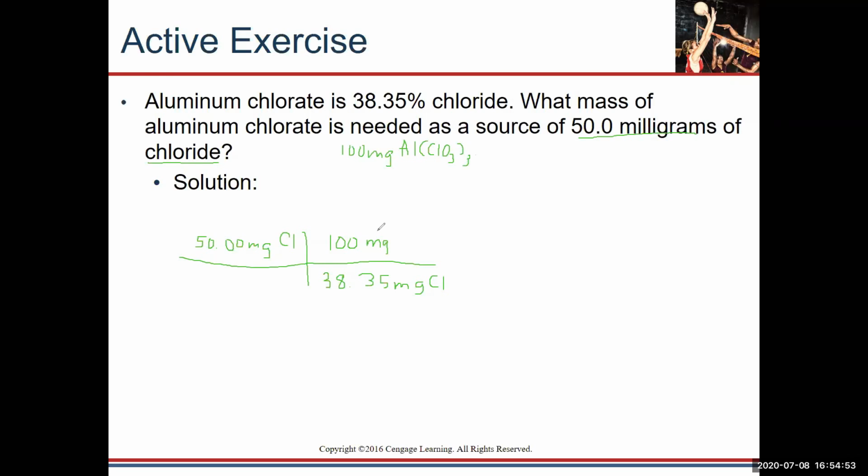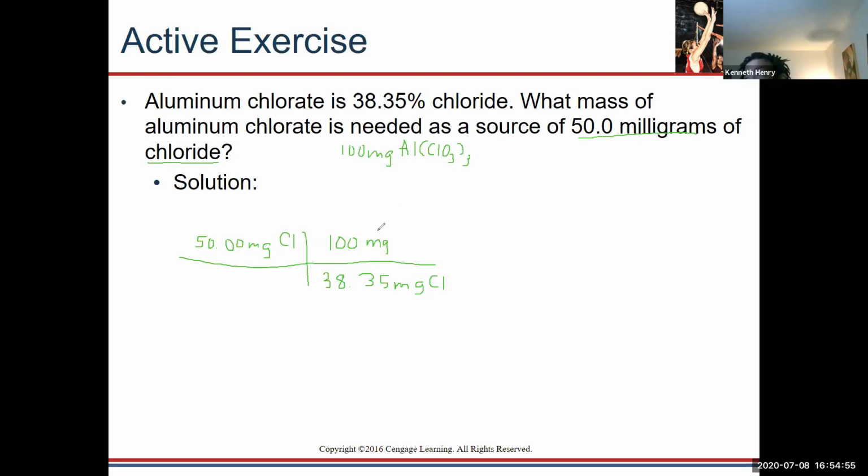Okay, so if I made an assumption that I had 100 milligrams of aluminum chlorate, how many grams of chloride would be in aluminum chlorate if 38.35% is chloride?